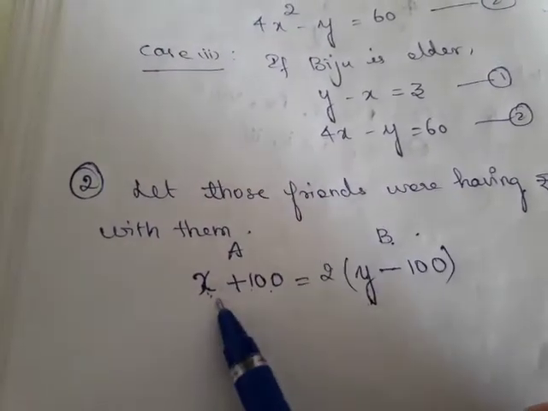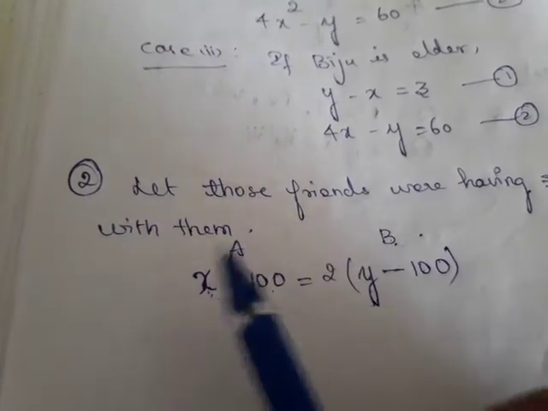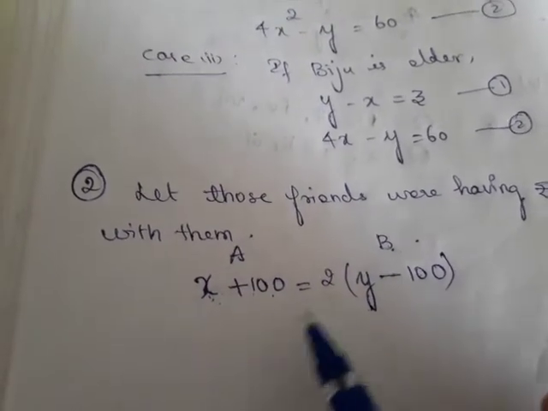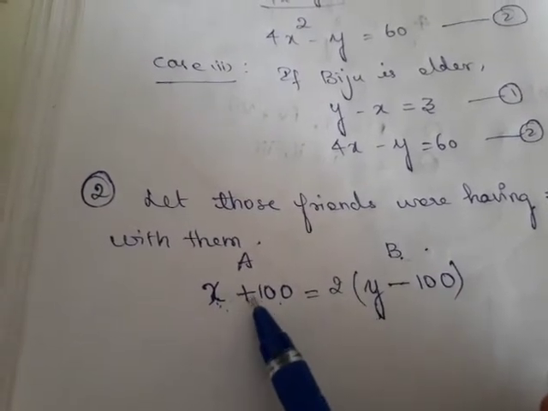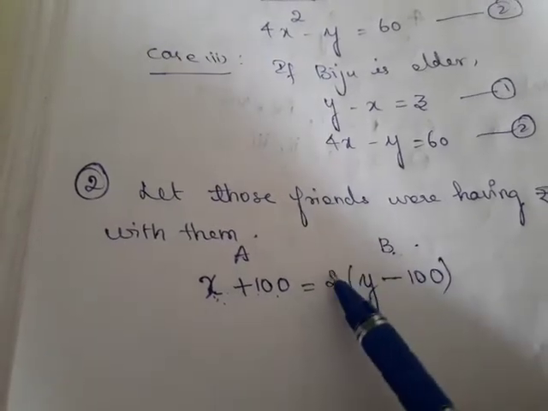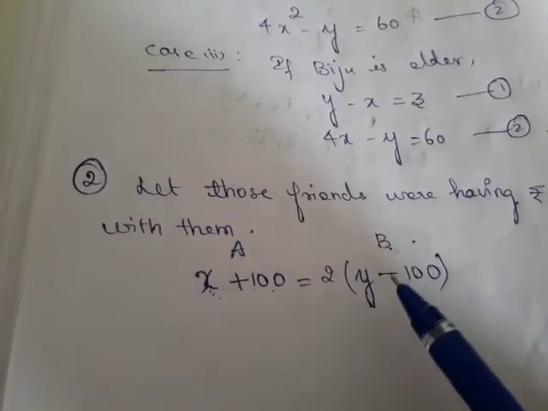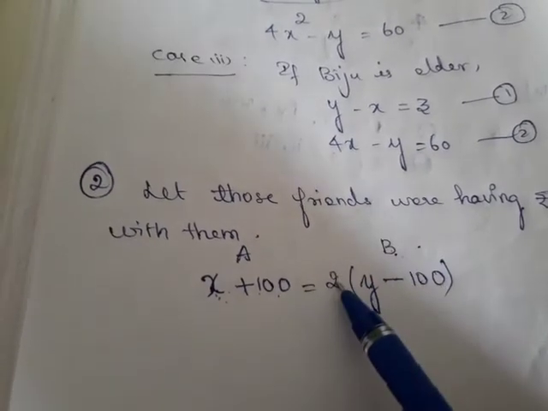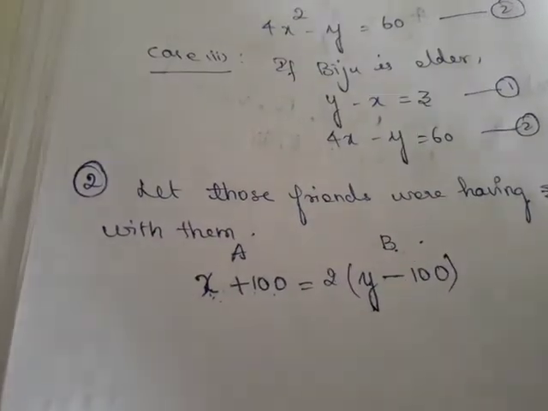After giving 100 rupees, immediately 100 rupees will get reduced in B's amount and 100 rupees will get increased in A's amount. After giving 100, this person says, I shall become twice, means 2 times as rich as you. So when you multiply the amount which you have by 2, I will be equal to that. Right? This is our first equation.